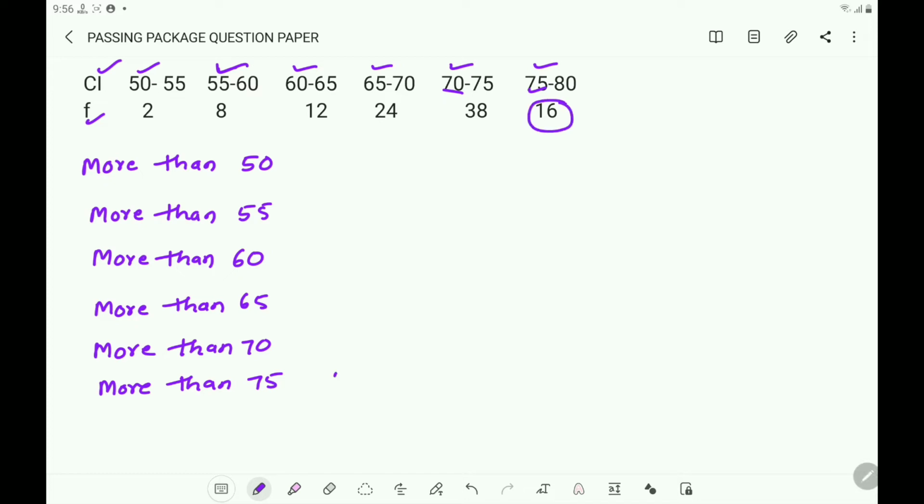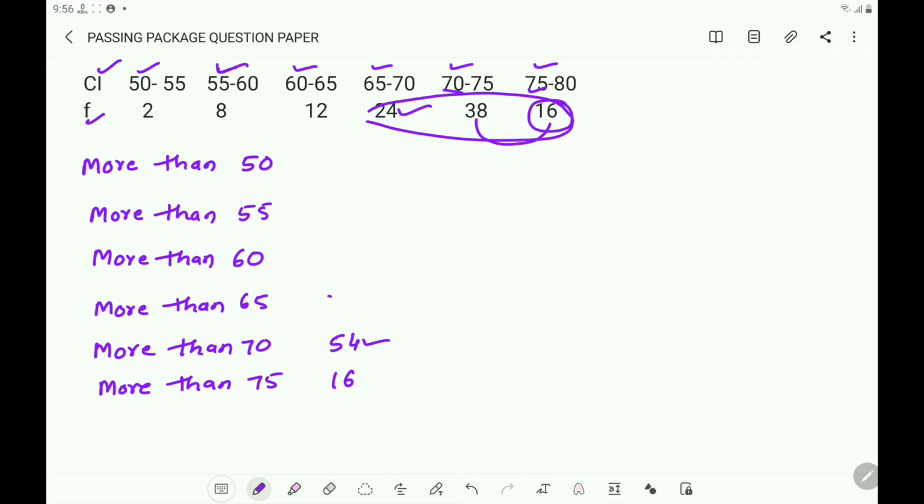16 you write. Then more than 70. More than 70 is the sum of these two. That is 38 plus 16, which is 54. Then more than 65. More than 65 means sum of these three. Again you add 24 to this 54.